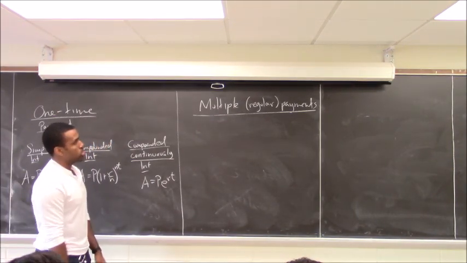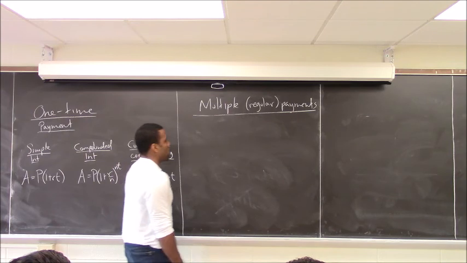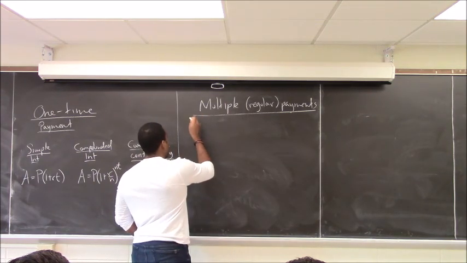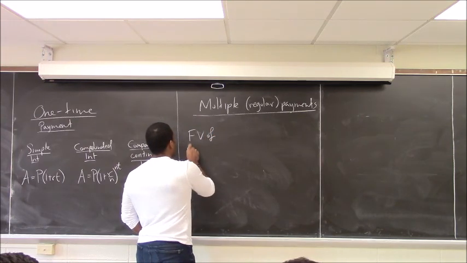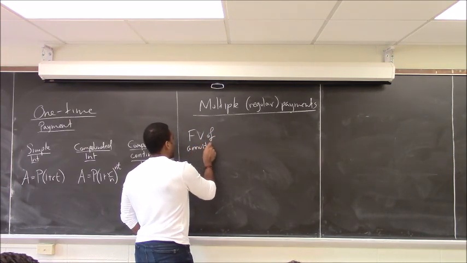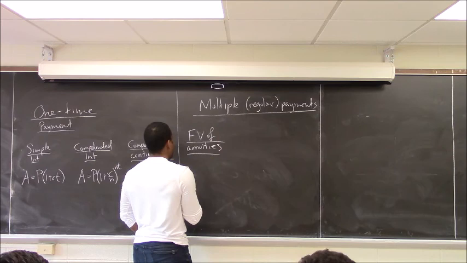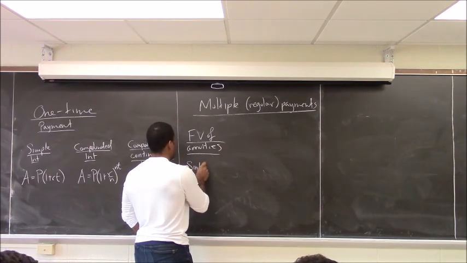We had two situations there. These guys were called annuities, and I believe we started with the future value of annuities. And the main formula there was called the sinking fund formula.